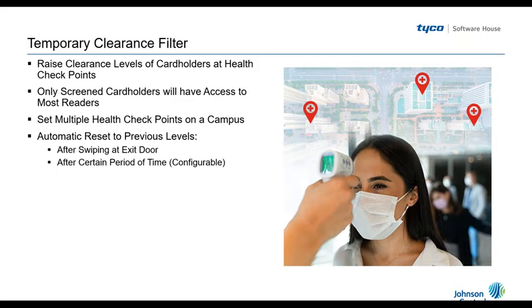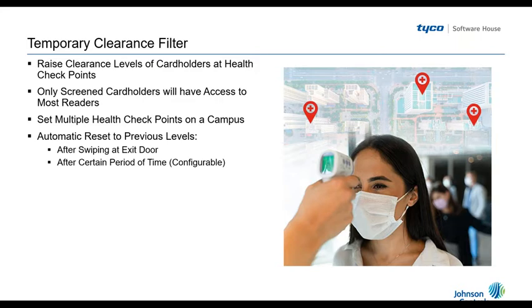So this is available in 270 Service Pack 7, 280 Service Pack 5, and now also in 290 Service Pack 2. So basically, as your facilities are reopening, you can have a health screening area determined, and it could be one or multiple across a campus, where your employees would have to go through a health checkpoint.